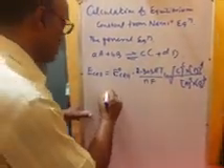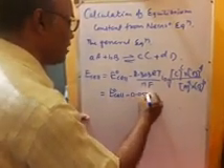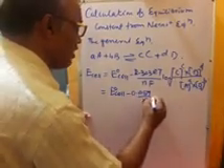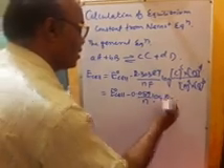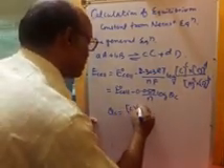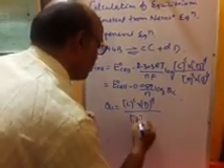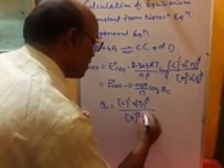Or you can say it is equal to E naught cell minus 0.059 by n log Qc, where Qc is the concentration quotient, equal to C to the power c into D to the power d by A to the power a into B to the power b.